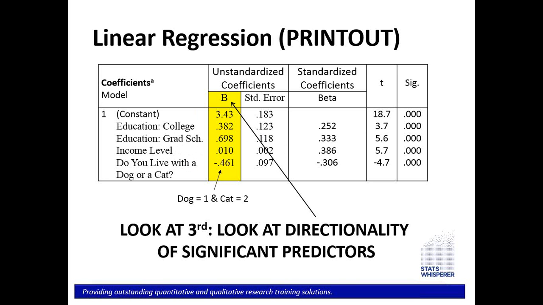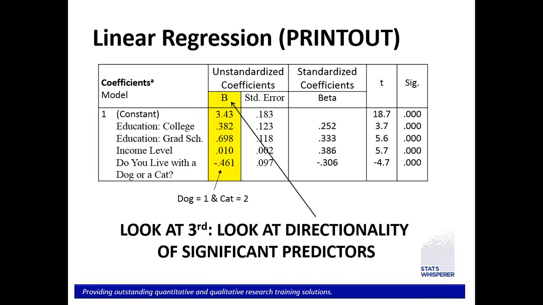Now, the next predictor, you have to consider the coding, right? So do you live with a dog or cat, the independent variable? Now recall, dog is coded as 1 and cat is coded as 2. So as you go from dog to cat, right, there's a minus, which means a negative relationship.